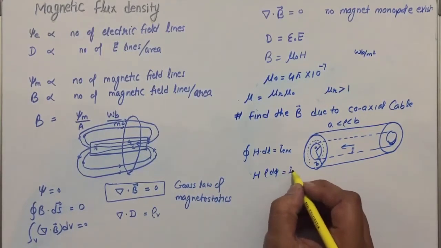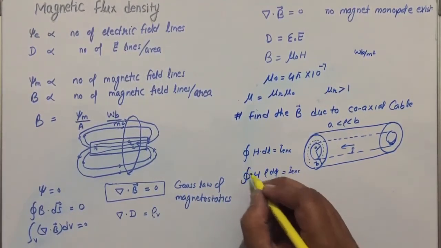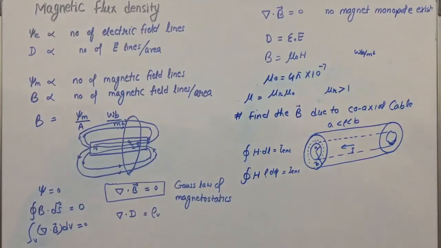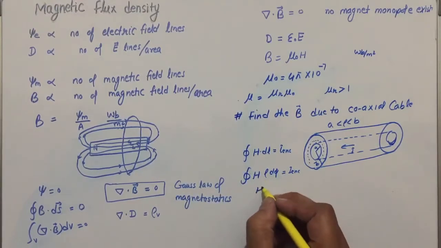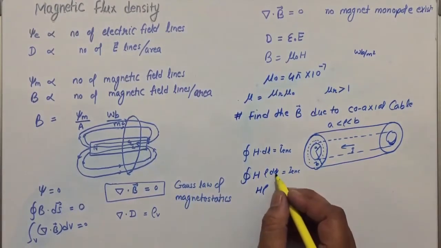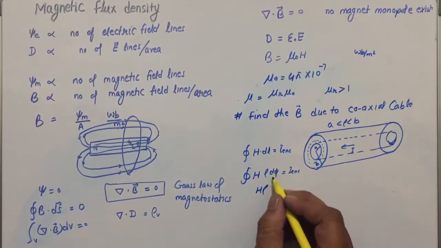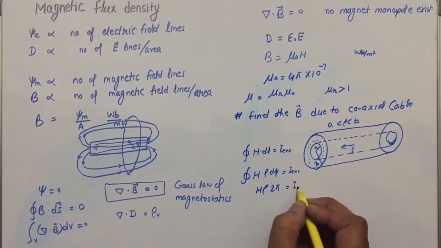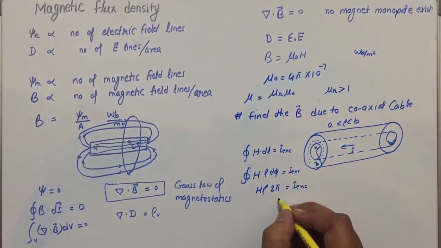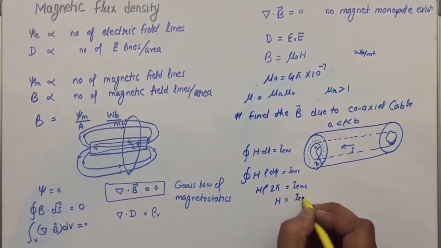It will be I enclosed if we take the integral of this for the closed path. And here we can write H rho, the full path gives 2 pi, that will be I enclosed.